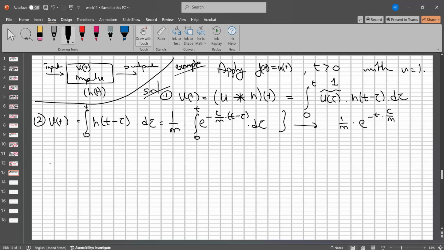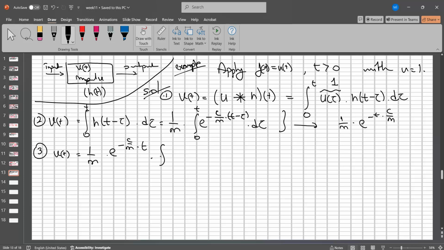And in the third place, we should write that v(t) equals 1 divided by m e to the c over m t, which can be carried to the left hand side because it's not dependent on the tau value. It's just like a constant value. Do you understand that?